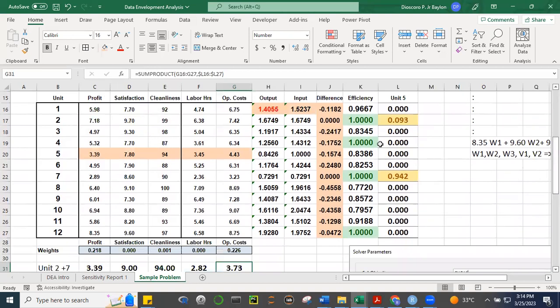So indeed, unit number 5 is not efficient. And since units number 2 and 7 were chosen to be part of this linear combination that's better than unit number 5, we are assured that indeed units 2 and 7 are efficient, because only those that are efficient can form part of the linear combination that's better than the non-efficient units.